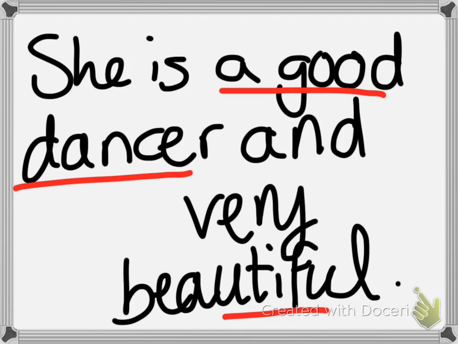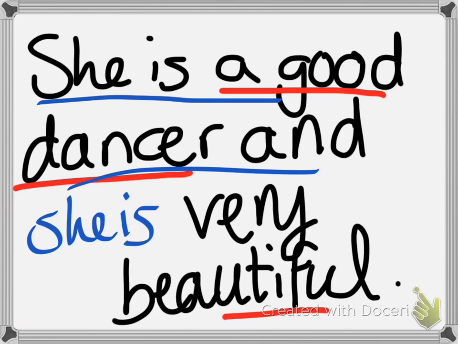So here are the kinds of things you want to avoid. She's a good dancer and very beautiful. We have a problem here because we have a noun phrase here and an adjective here. So what we need to do is put like with like: noun phrase with noun phrase, or clause with clause.